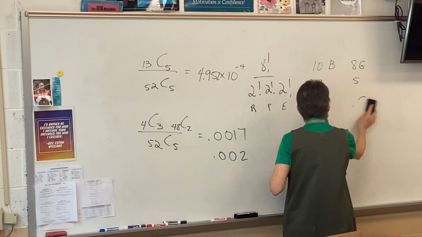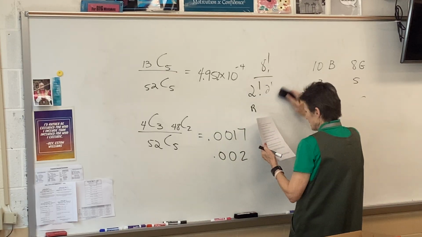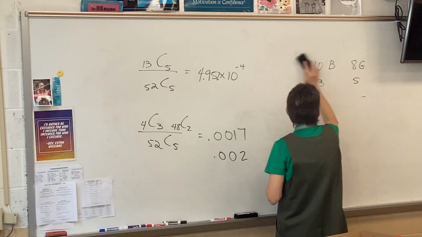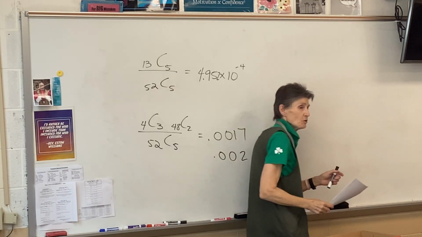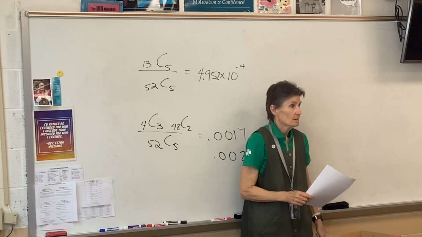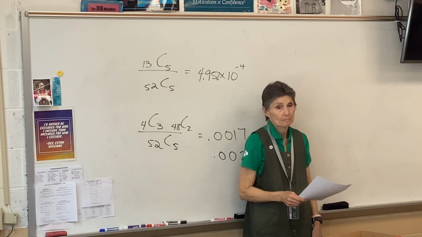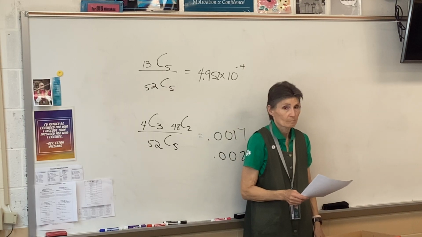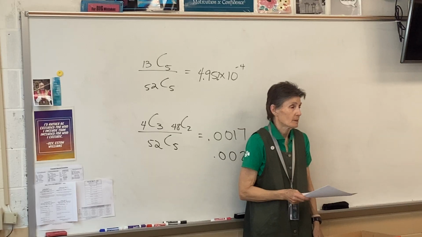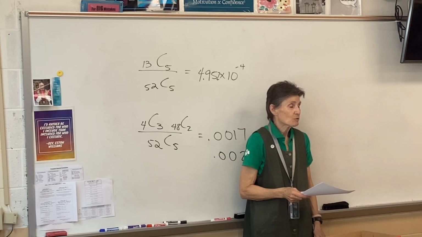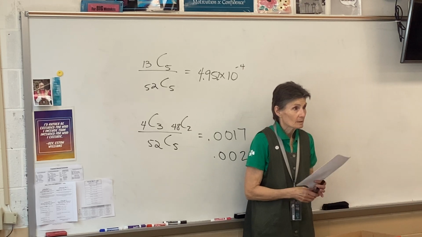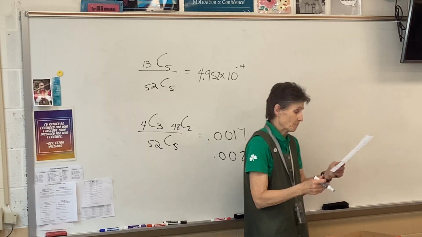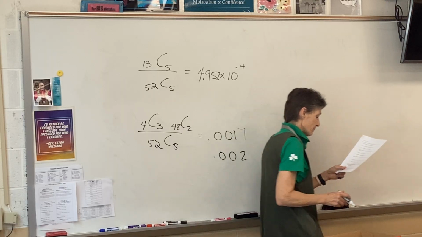All right, read question number 10. What's your thought on that? It's a tree problem. Kids, read it. Do you feel like, oh, this is a tree diagram problem? The way it's worded? So what's going on?